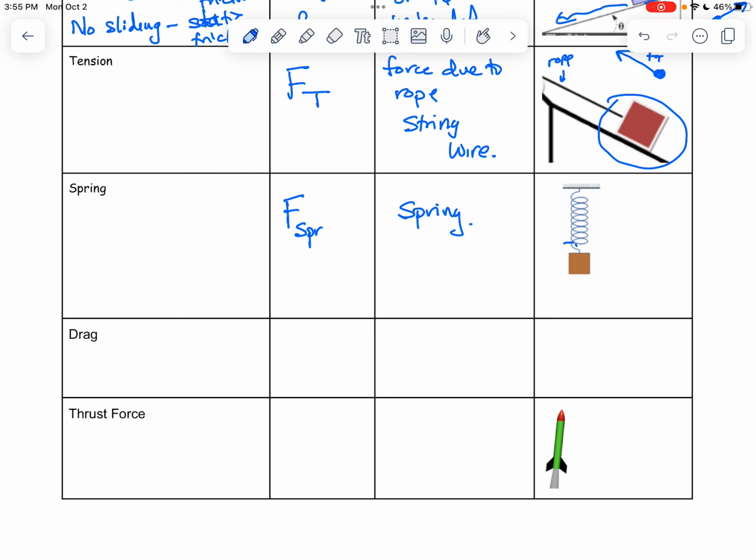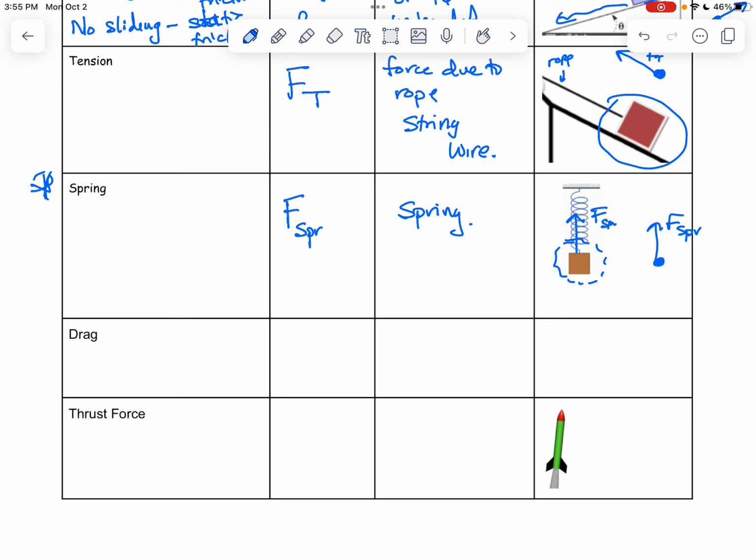So if this was my object that I'm interested in, that spring force is going to act along the direction of the spring. So again, if I simplify my box to just a dot, I would draw the force of the spring going along the direction of the spring itself. So spring forces have a lot more detail. We'll be spending a lot of time talking about spring forces in this unit and the coming units.